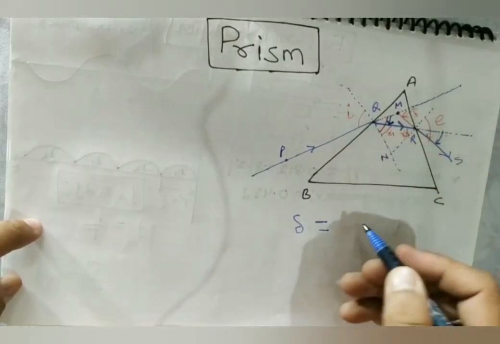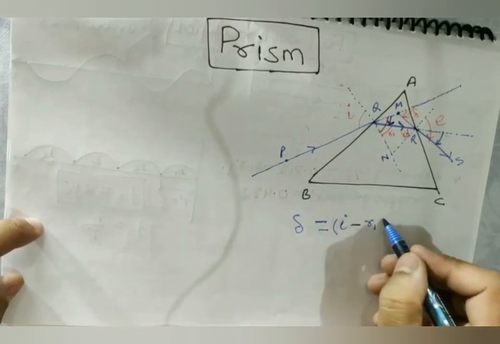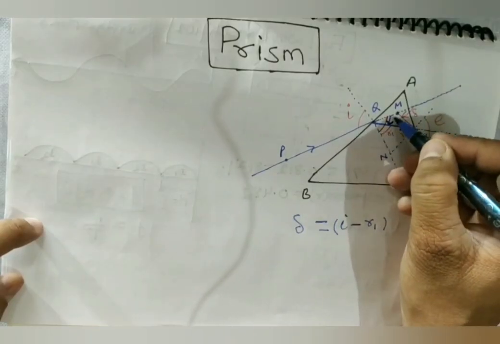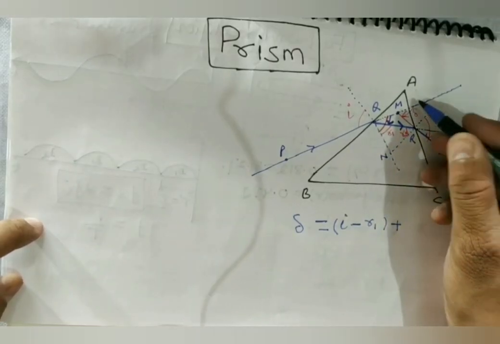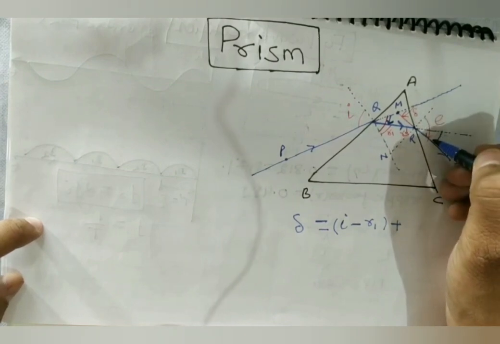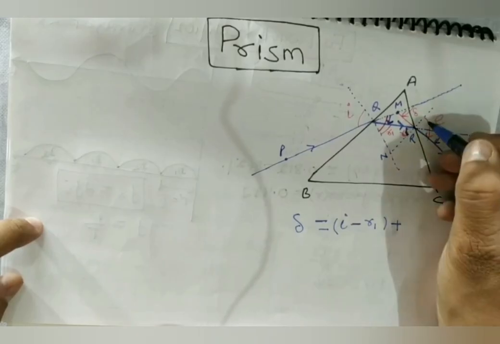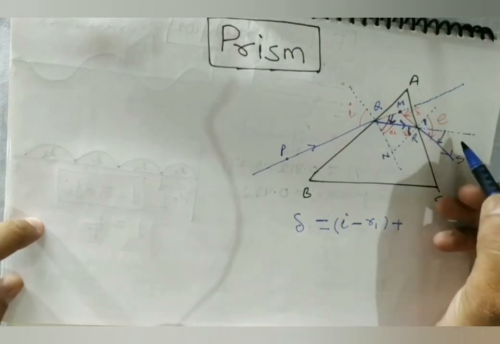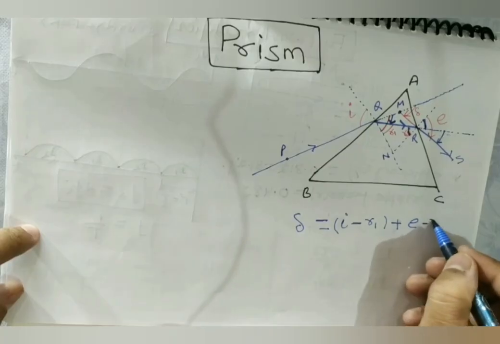Now this deviation is I minus R1. This total angle is I and this is R1, so this angle will be I minus R1, plus, at the other surface, this total angle is E, but this is R2. So this angle will also be R2. So the deviation produced at this surface is this only, so it must be E minus R2.